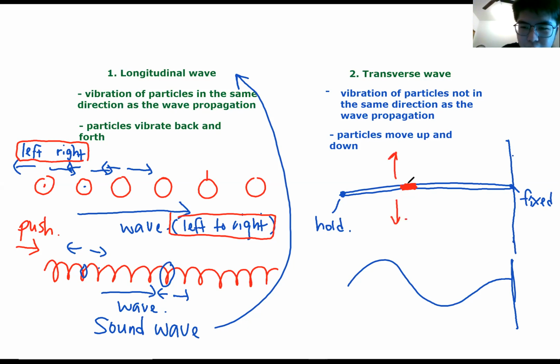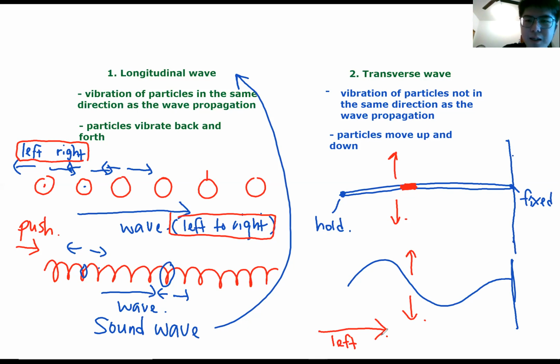If you only focus on this one single mark, it moves up and down, but you'll see the wave is traveling from left to right. I repeat, the wave is traveling from left to right, but the particles are moving up and down. You see the difference here?